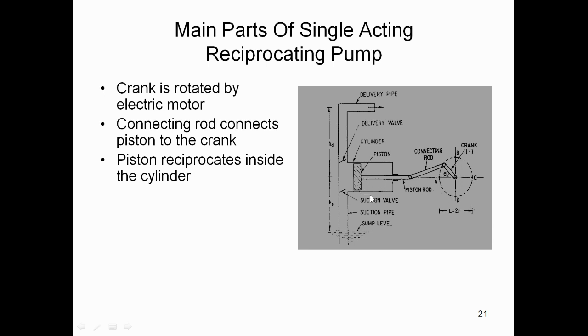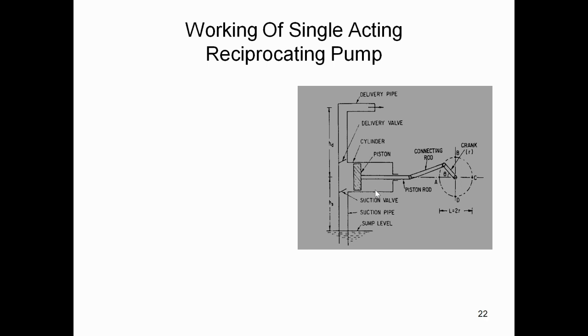The piston slides inside the cylinder, so that the to and fro motion of the piston creates the suction and compression inside the cylinder. This is the working principle of a single acting reciprocating pump.